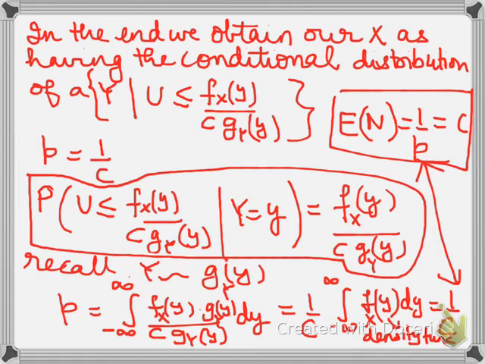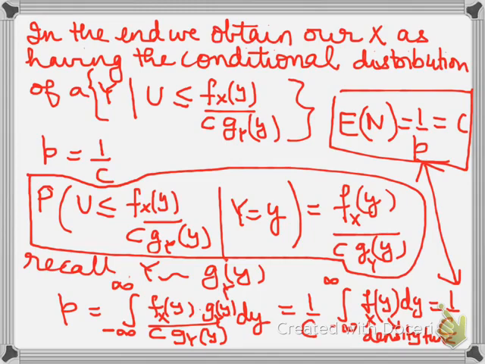Now we know that the expected value of N is 1 over p because N is geometric. Since p is 1 over c, 1 over p is c. So the expected number of iterations required on average is c. This expected number of iterations of the algorithm required until an X is successfully generated is exactly the bounding constant also.